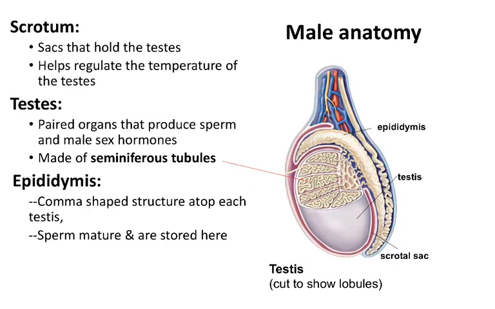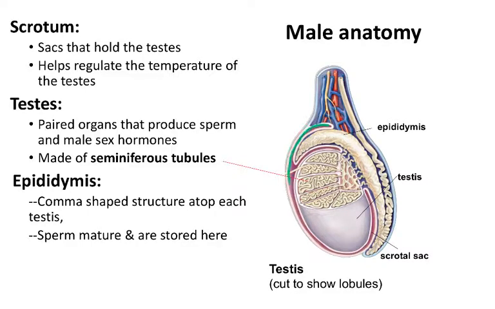So if we look a little more closely at the testes, I said the scrotum is the sac that holds the testes, and it is temperature sensitive. So sperm will not develop at typical body temperature. And there are actually muscles associated with the scrotum.